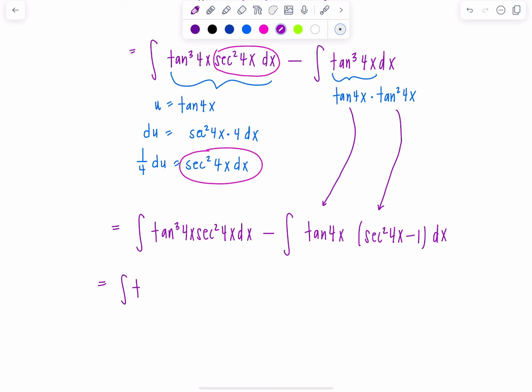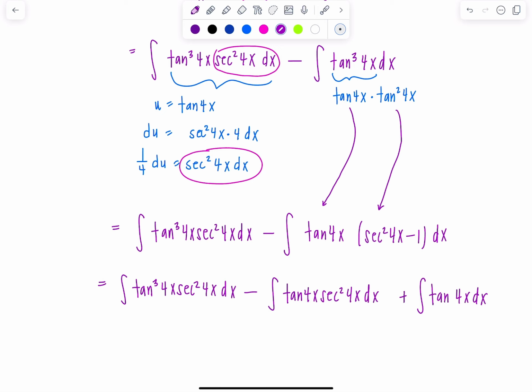So we've got tangent cubed 4x secant squared 4x dx minus integral of tangent 4x secant squared 4x dx plus integral tangent 4x dx.